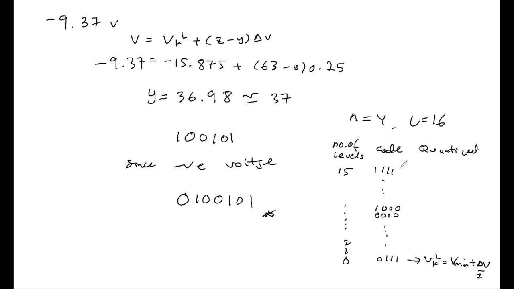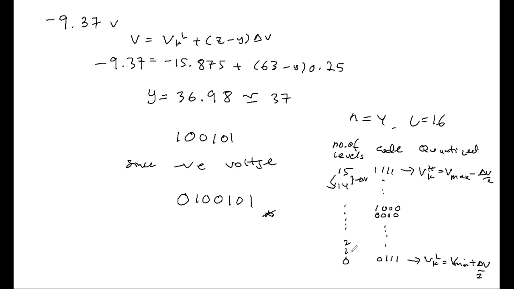And up here the highest, VKH, is V max minus delta V over 2. If you go down one level, for example from 15 to 14, just minus delta V, and so on.